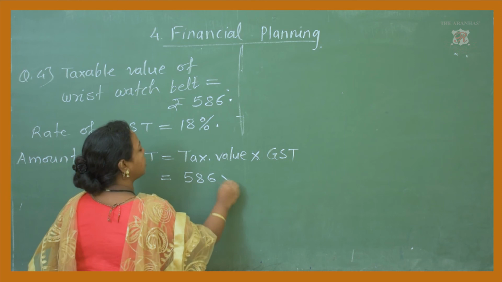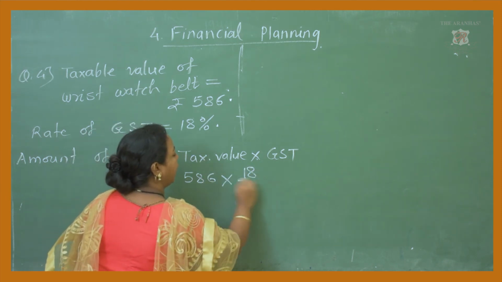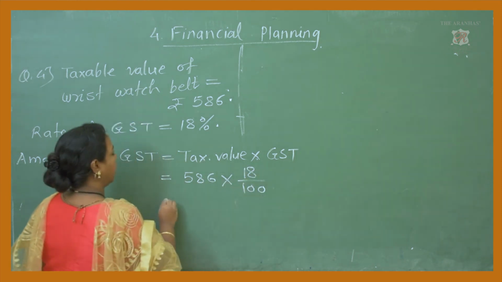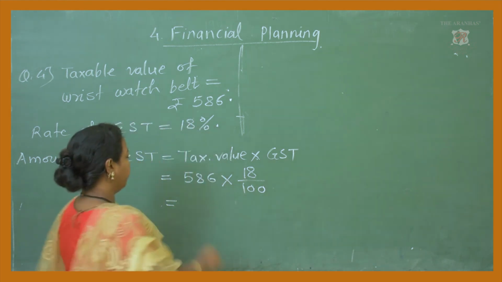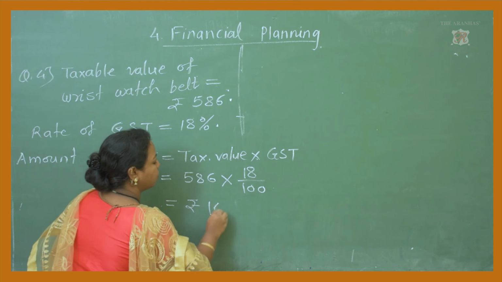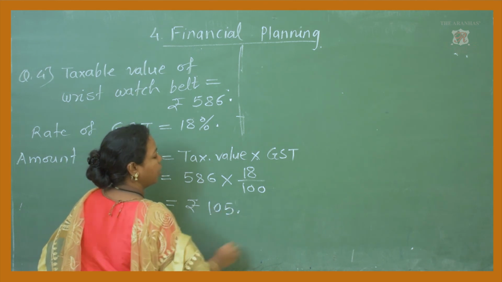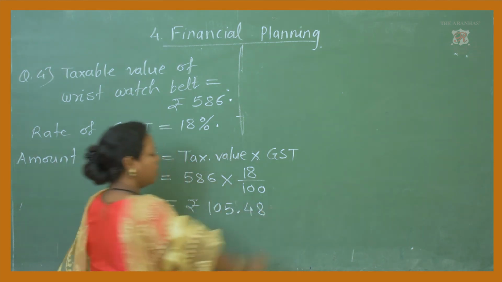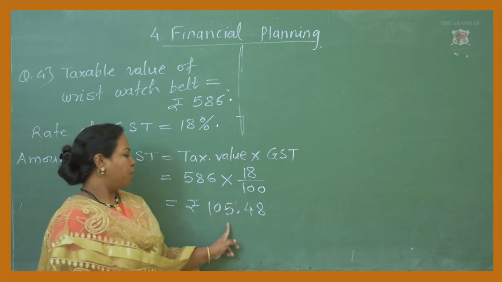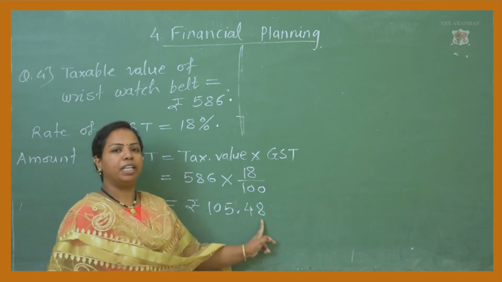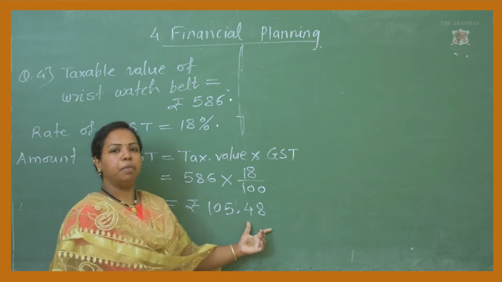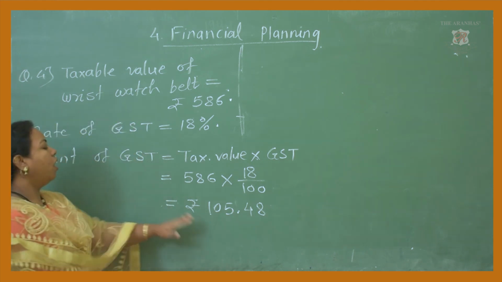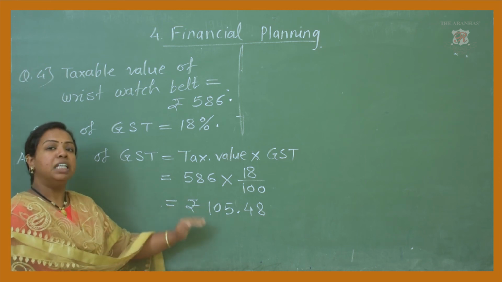It is 586. GST rate is 18%. Calculate this, and you get the value 105.48, that is 105 rupees and 48 paise. This is the value, or you can say the amount, of GST.